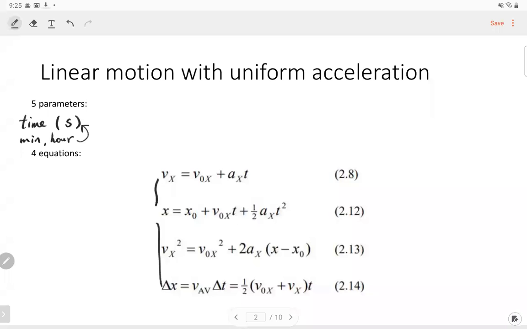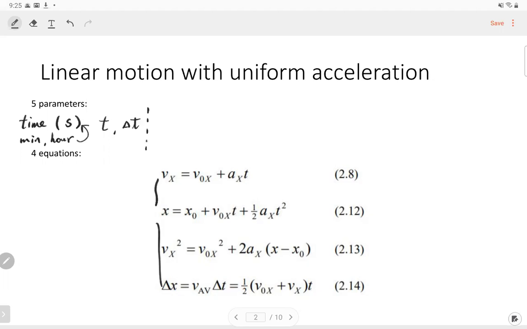So if you see an hour or minute, please convert into the second. Then we can make sure every unit is standard, then we won't make mistakes. And for the time, we have the notation. We label the time as a little t. And sometimes you will see a delta t. They are the same thing. So t or delta t are the notation for the time. Okay, this is the first one.